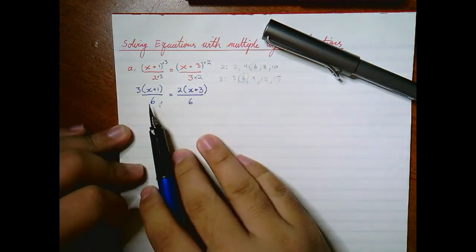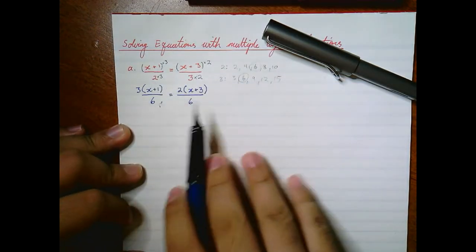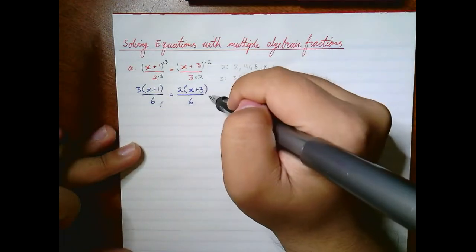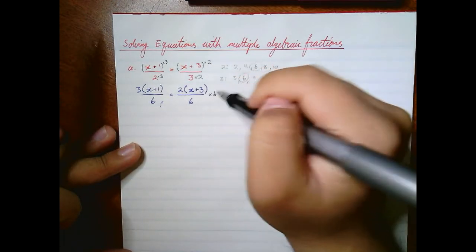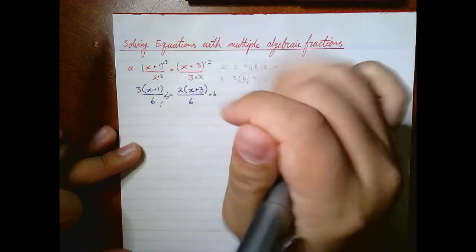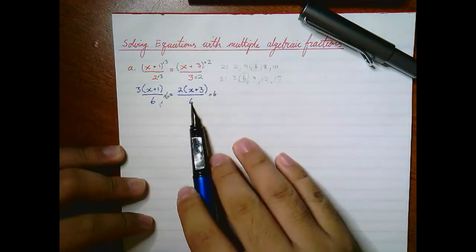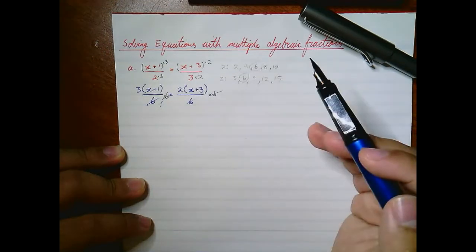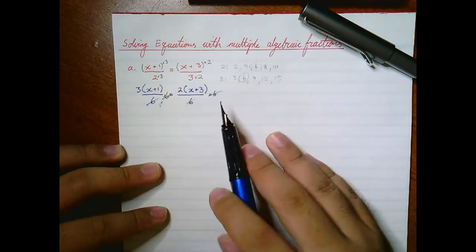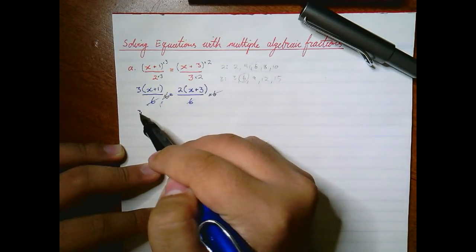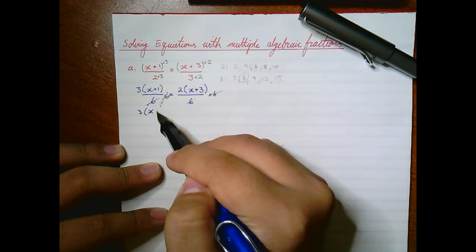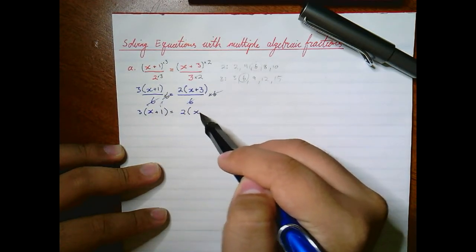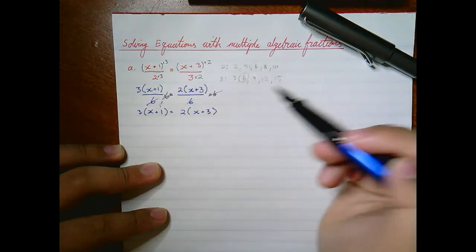Now, since we have the same denominator for all of these, we can multiply by 6 across the board. So I'm going to multiply by 6 on the right hand side and by 6 on the left hand side. These will cross out, which will leave us with the equation 3(x + 1) = 2(x + 3).